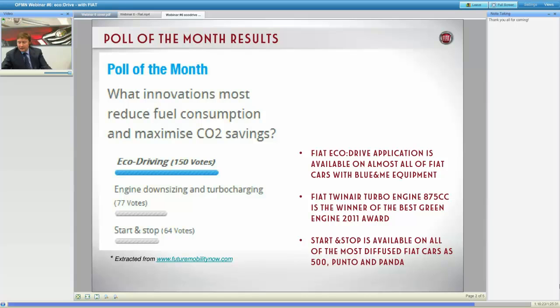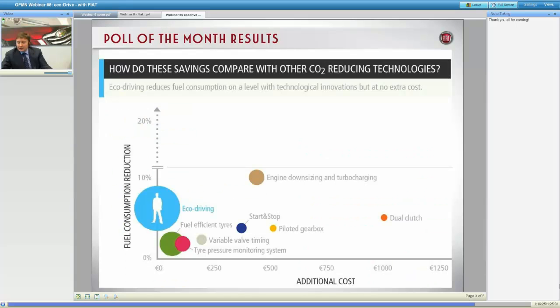What we can see from this graph is that eco-driving is one of the innovations that can give maximum contribution for saving fuel. The bubbles are proportionate to the saving of fuel per euro spent for the innovation.